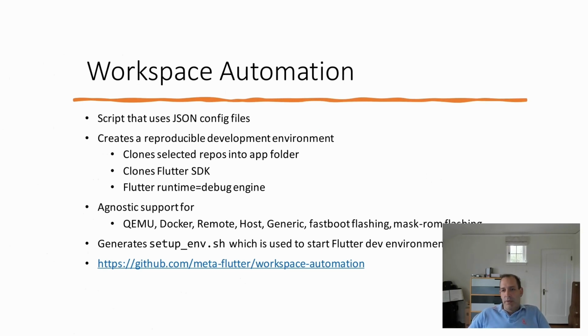When you execute Workspace Automation the first time around, it will collect all the artifacts and cache them into a folder. And then after the fact, without network connectivity, you can run fastboot on a target.